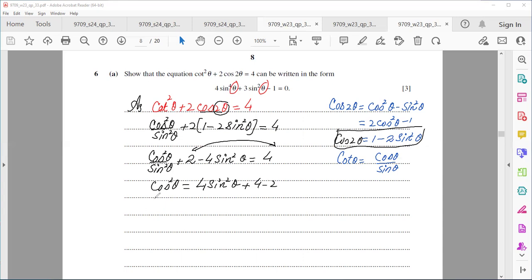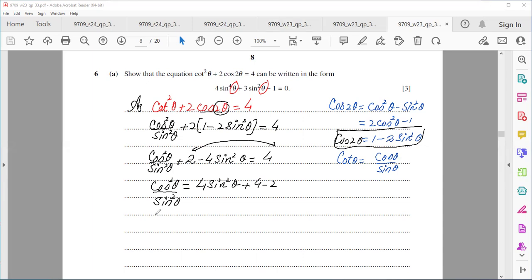And this cos square is dividing over here, so you have to multiply on the other side of the equation. How will you multiply? With this one, sine square of theta. So what will you do over here? Very simple.